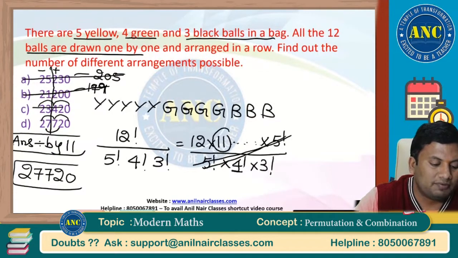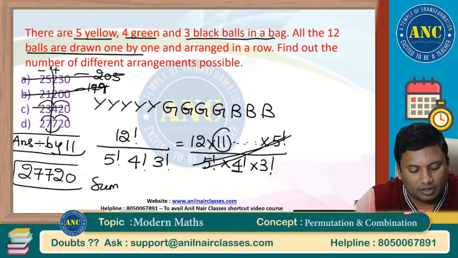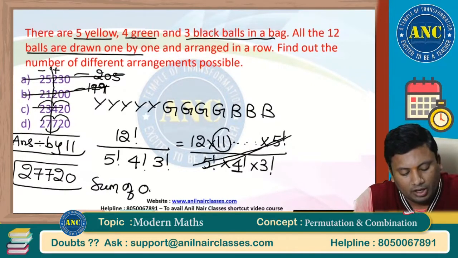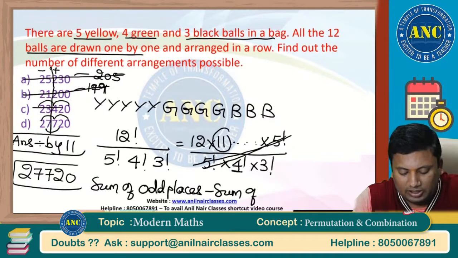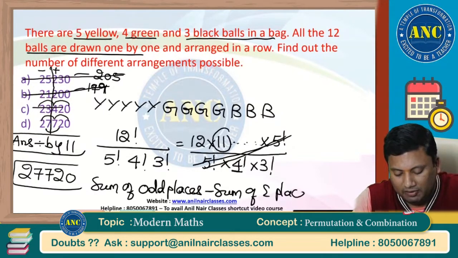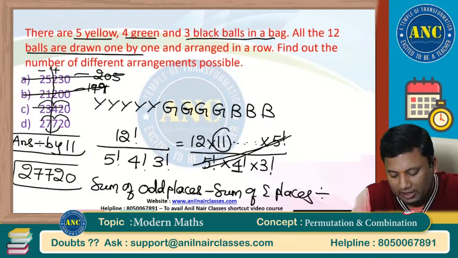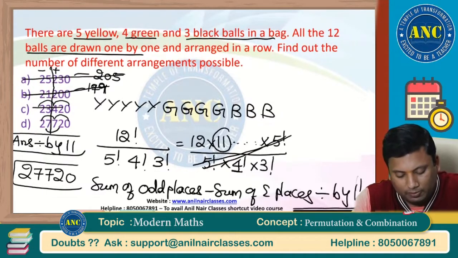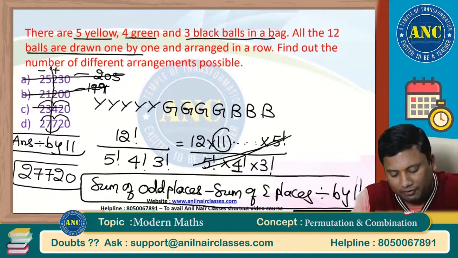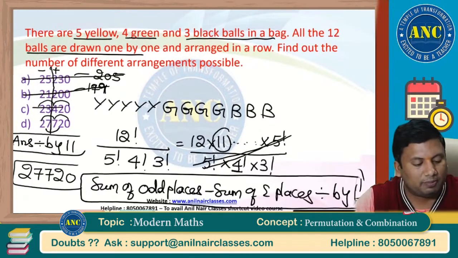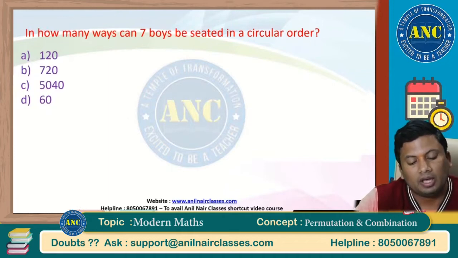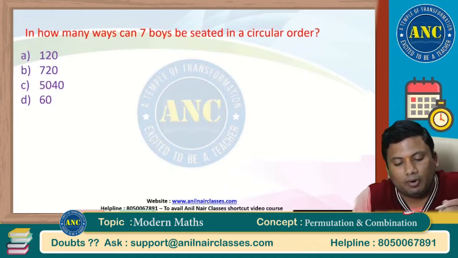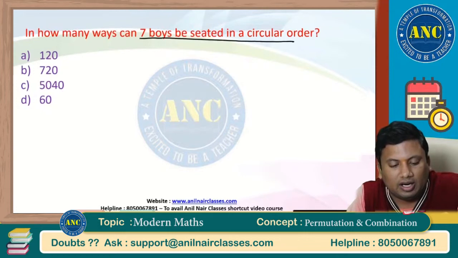For 27,720, the sum of the odd places minus the sum of the even places should be divisible by 11. The answer is 27,720.